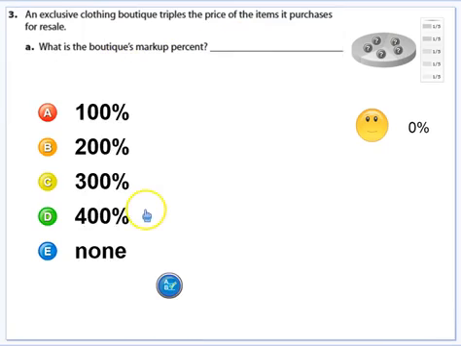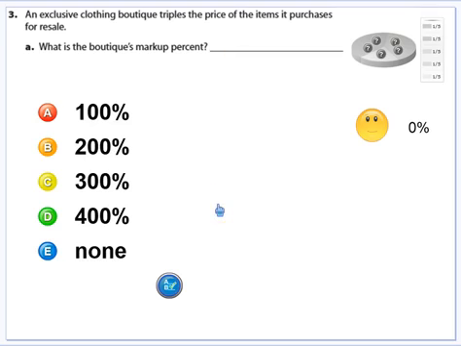An exclusive clothing boutique triples the price of the items it purchases for resale. What is the boutique's markup percent? So, class, if you double the price of something, if I go from 100 to 200, if I go from $20 to $40, that is a 100% markup because I'm just doubling it.